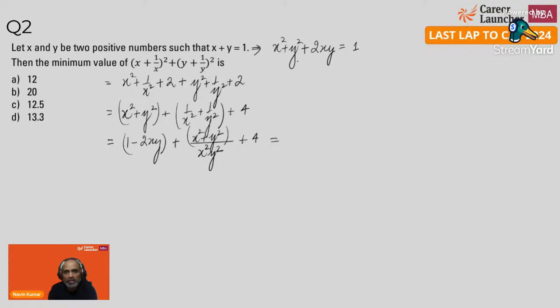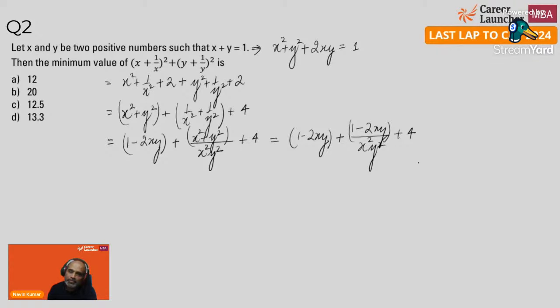Now x square plus y square again can be written as 1 minus 2xy, and we will have x square y square, and then we will have a 4.